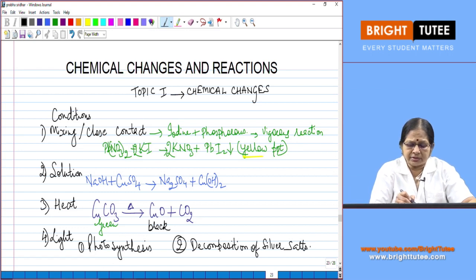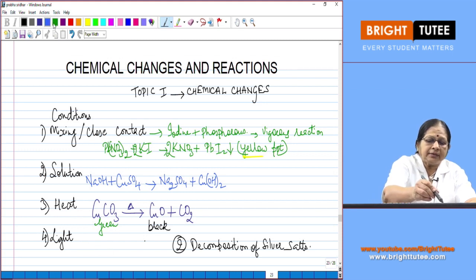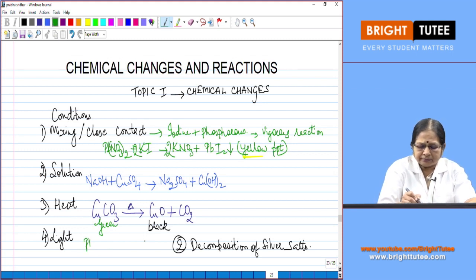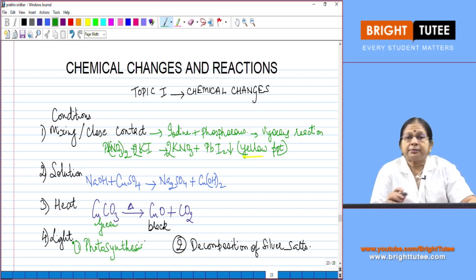Photosynthesis is a reaction where green plants prepare food.